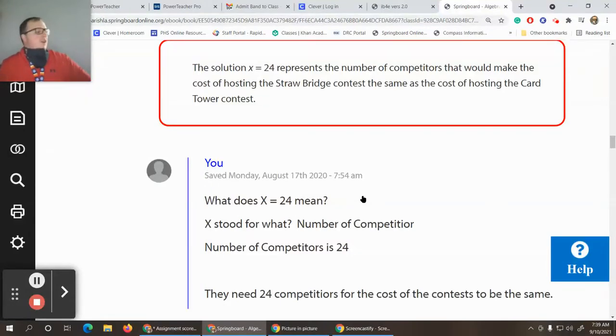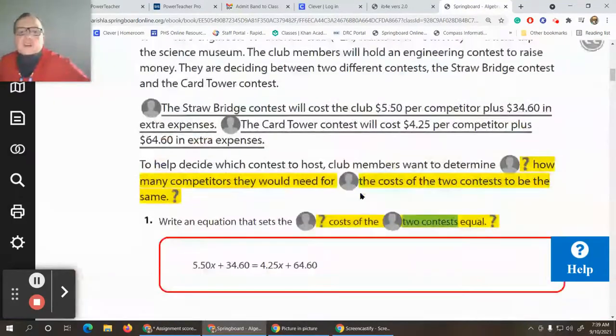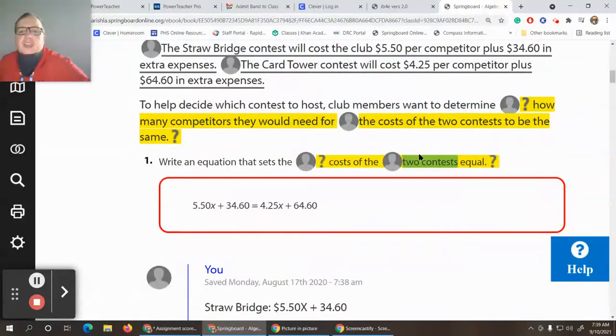Go back and look at number 1. What did we say x stood for? Anybody? Right, we said up here that x stood for how many competitors they would need.